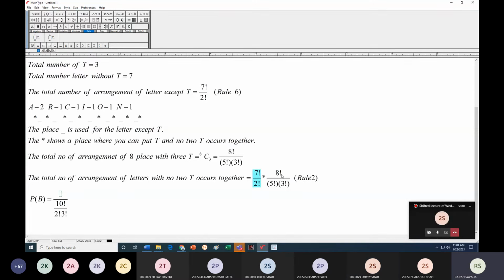Fine. So here is our desired outcome. Let me simplify this expression.